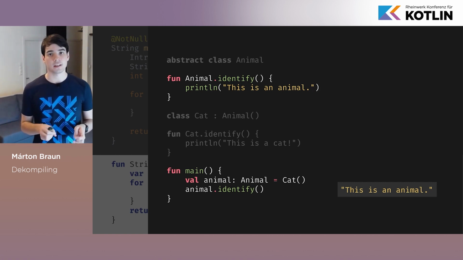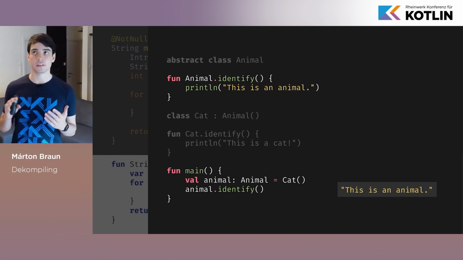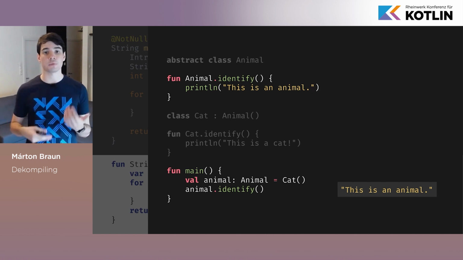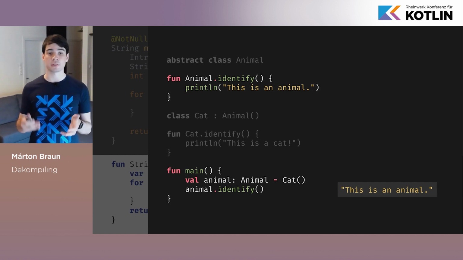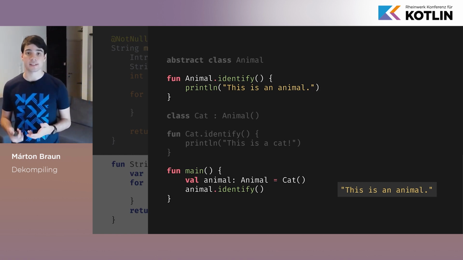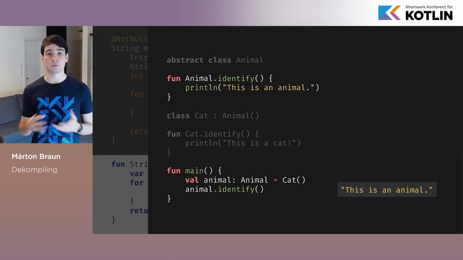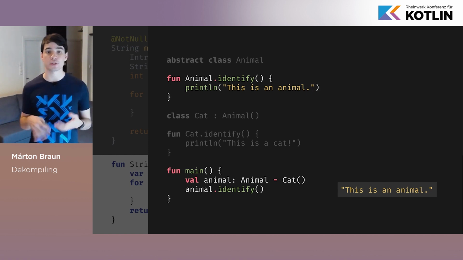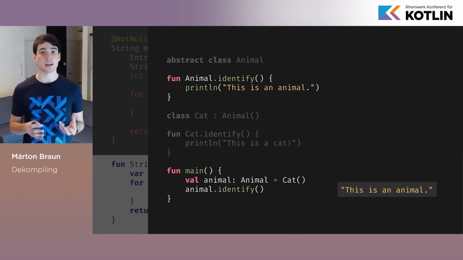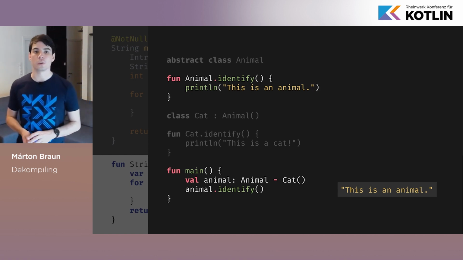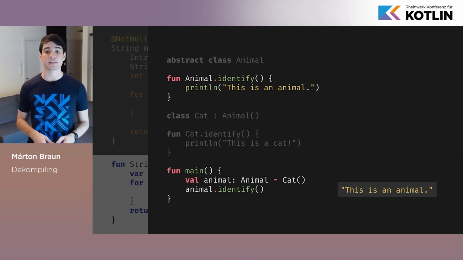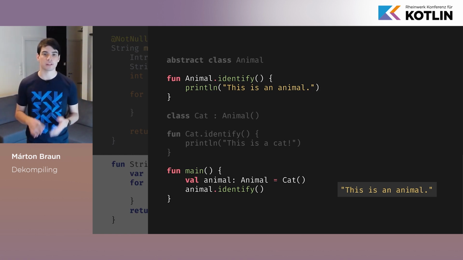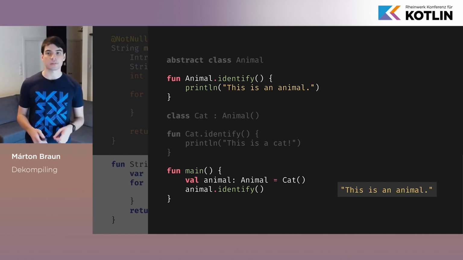This means that we can't wait until runtime to decide which one we're going to call based on what kind of actual object is stored in the animal reference. Instead, we have to pick the most fitting one for the type of the reference, which is animal, at compile time statically. So we pick the one that's defined for an animal, and we get this as an animal. So remember that you can't override extensions as you would regular methods.